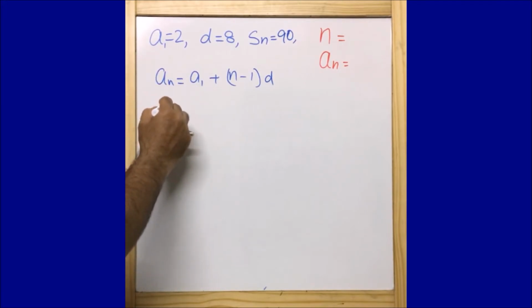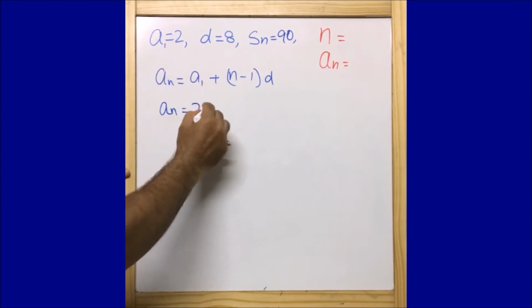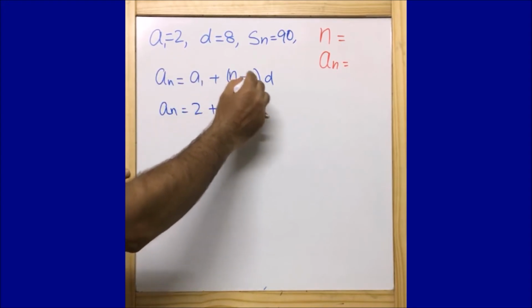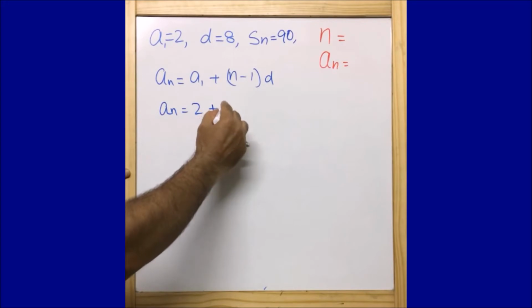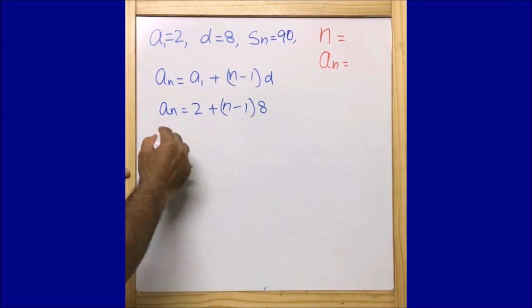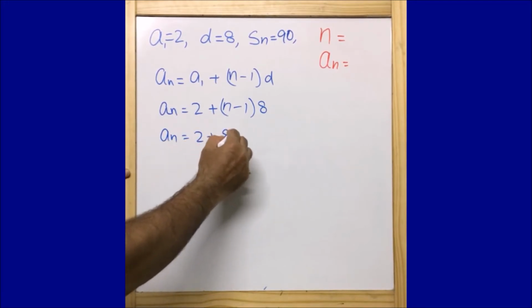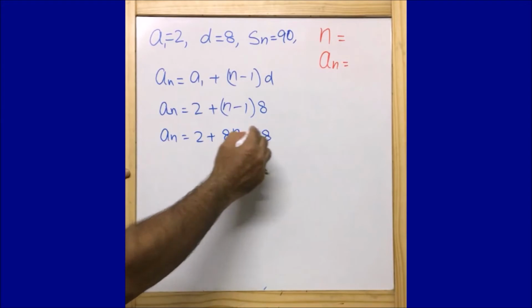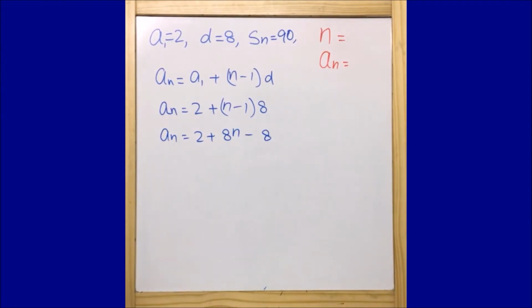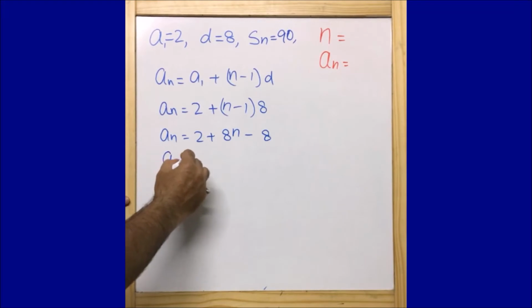We have An is equal to 2 plus N minus 1. We don't know the value of N. I can write N minus 1 into 8, or I can write An is equal to 2 plus 8N minus 8.